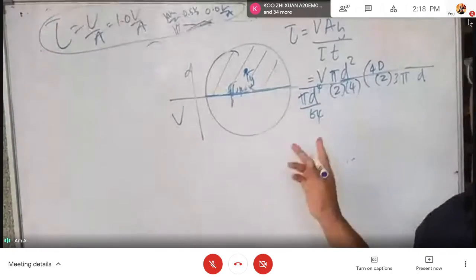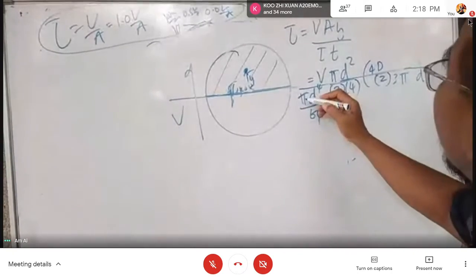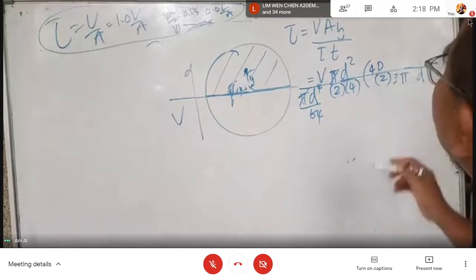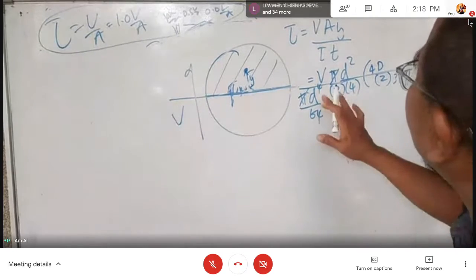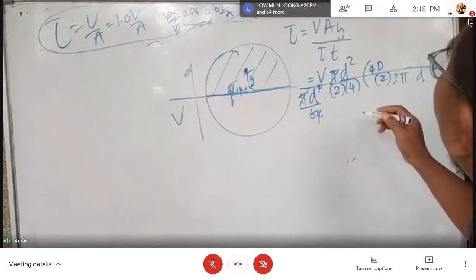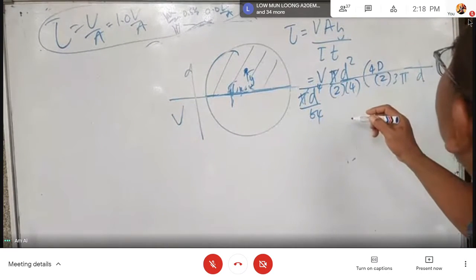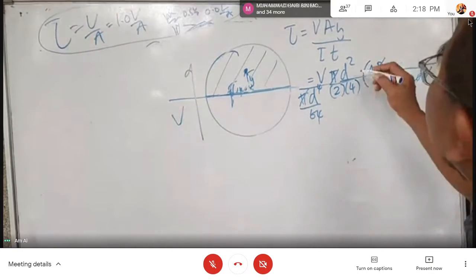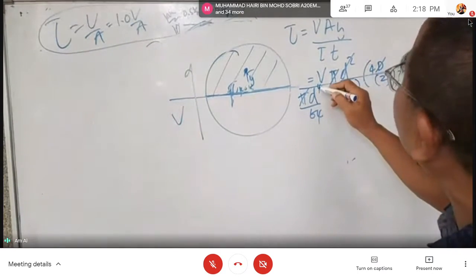So now, let us rewrite this one again. What do we have there? Pi and pi cancel out. D and D cancel out. D square and D square here.